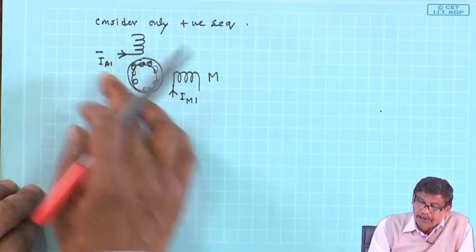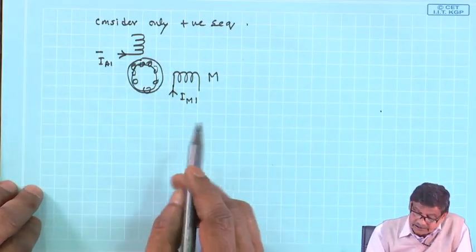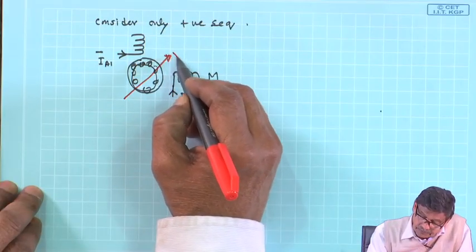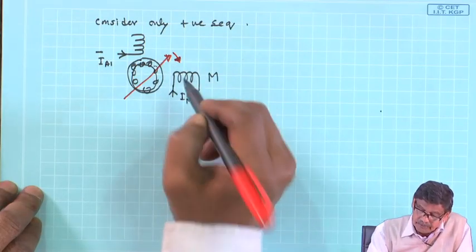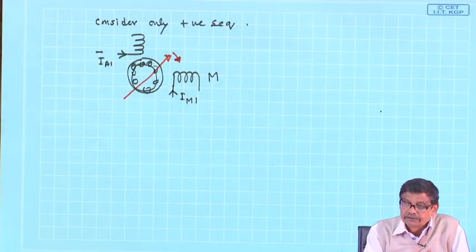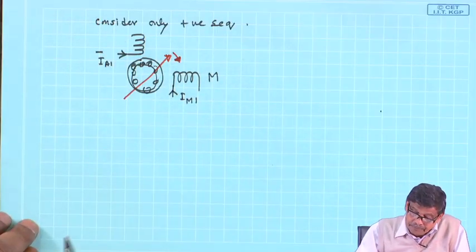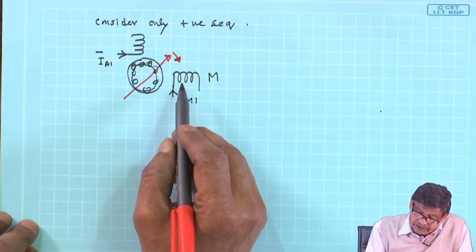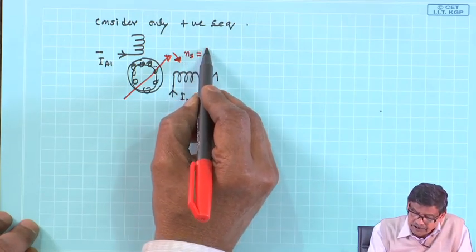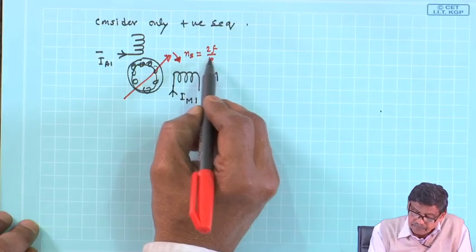These two currents are balanced two phase currents 90° apart, so they will produce a rotating field moving from the leading to the lagging phase, IA and IM. The synchronous speed of this field will be 2f by p.